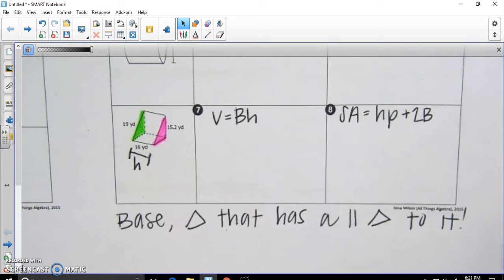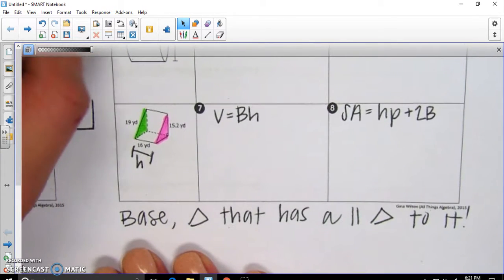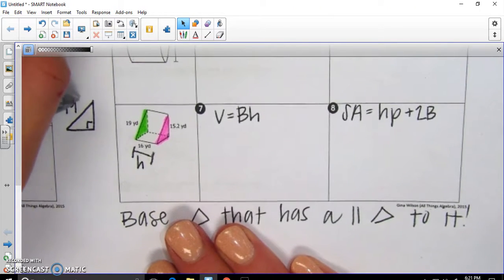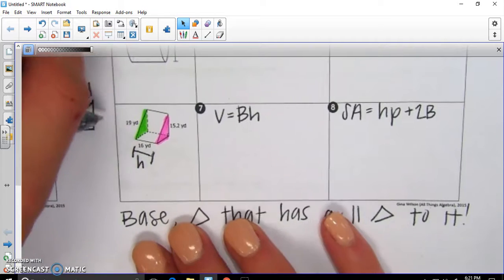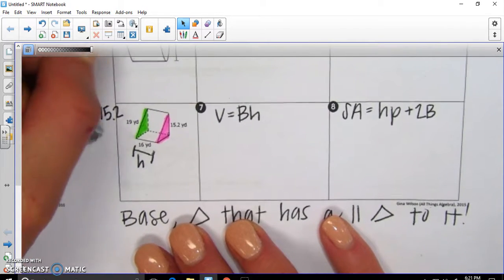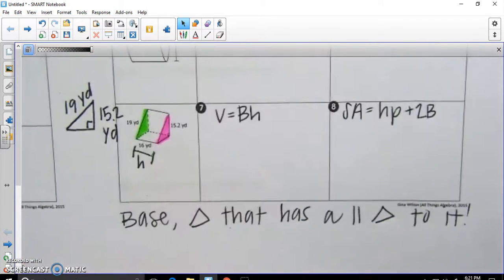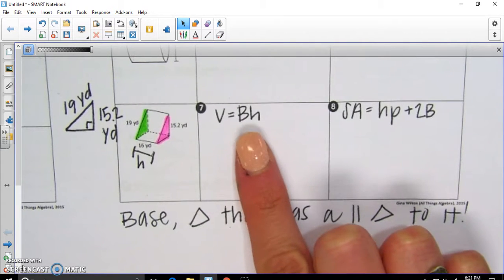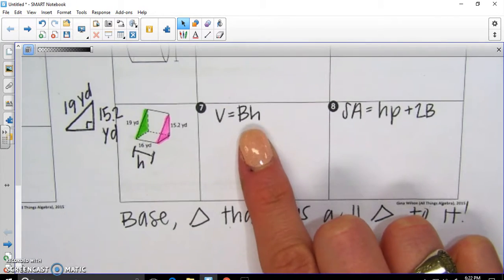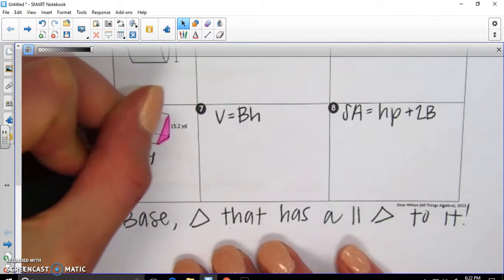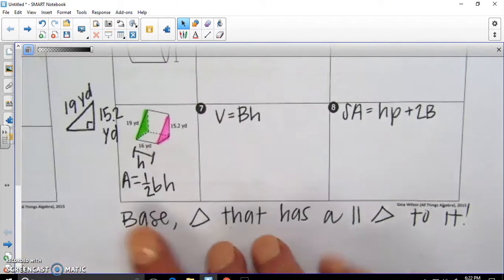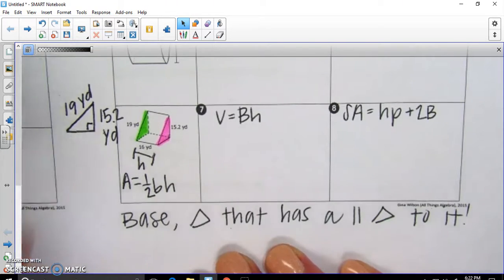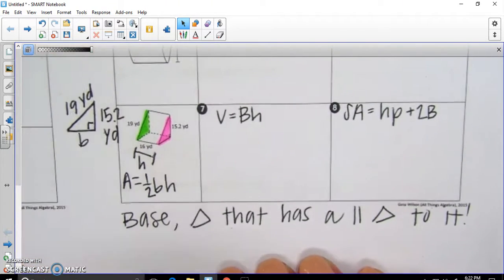Okay. So our base is a triangle. It's just a triangle like this, and they do tell us that it's a right triangle. It's got a hypotenuse of 19 yards, and it's got a height of 15.2 yards. So in order to find capital B, we need to find the area of the base. Well, if our base is a triangle, we need to find the area of a triangle, which is 1/2 base times height. It's got a height of 15.2, and the base of it, we don't know.